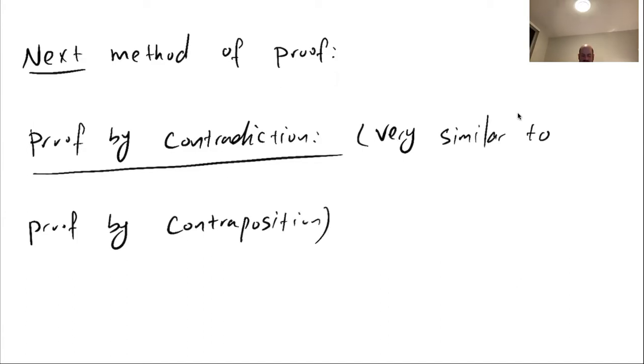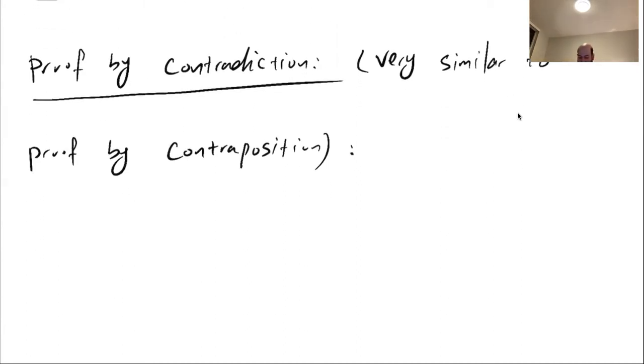The only difference is that the way we write it and the words and sentences are a little bit different, but the concept is almost the same. So let me explain this. Remember, we want to prove that if P, then Q.